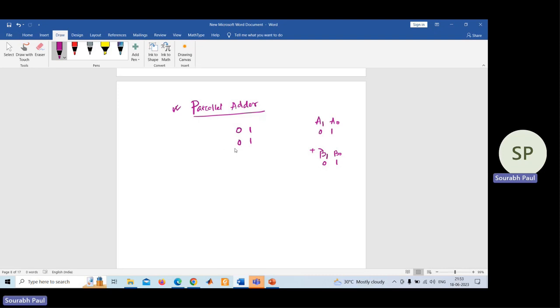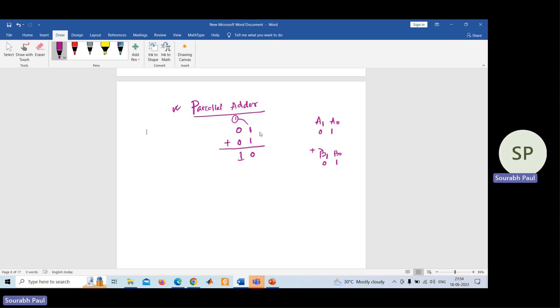What I told, if you have to add two numbers where each number has more than one bit, you have to use parallel ladder. For this example, how do we add these two numbers? 1 plus 1 in binary addition is 1, 0, and you have a carry that you propagate to the next stage. Then 1, 0, 0, and the result is 1. Actually, this procedure we follow. The same mechanism is used in parallel ladder.